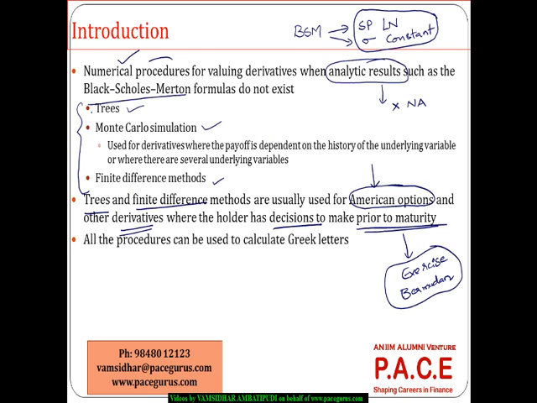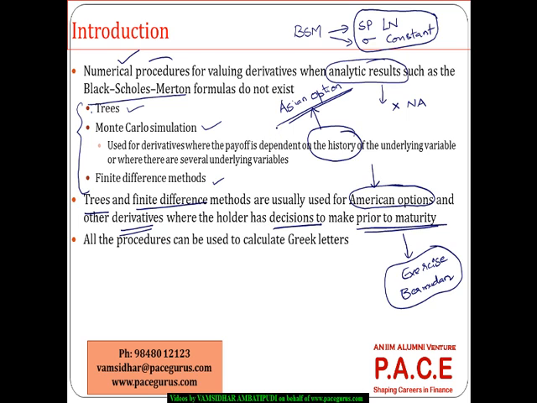But when it comes to Monte Carlo simulation, the good thing is when the payoff is dependent on the history of the underlying. From the past prices, if I have to take a decision, especially if you recollect the Asian options, where the payoff is purely based on the average of the prices over the life of the option.